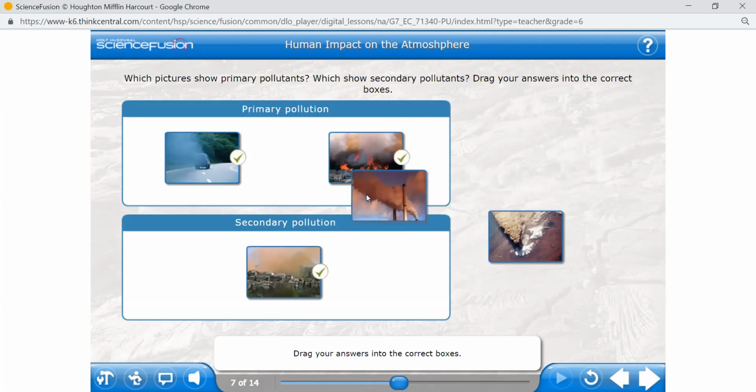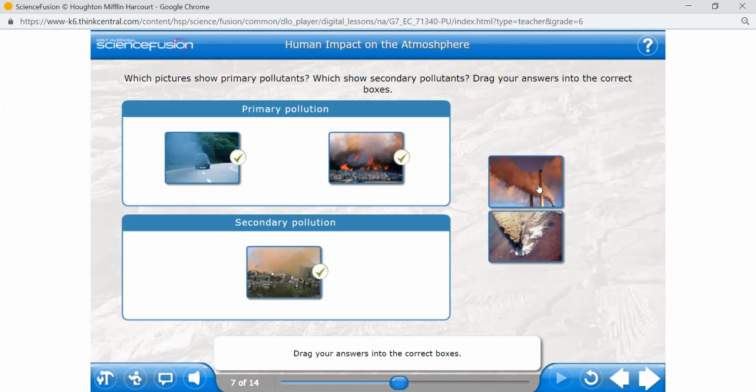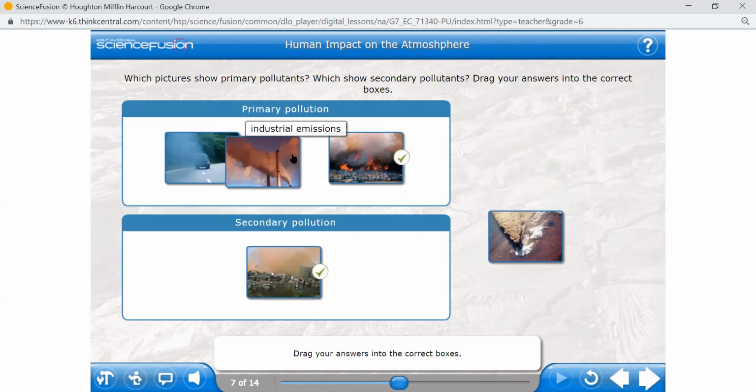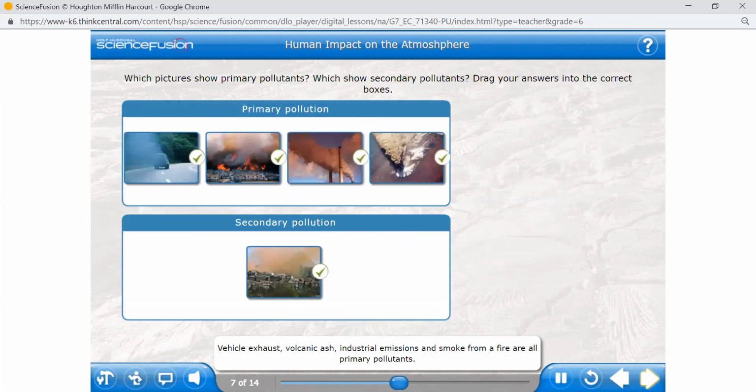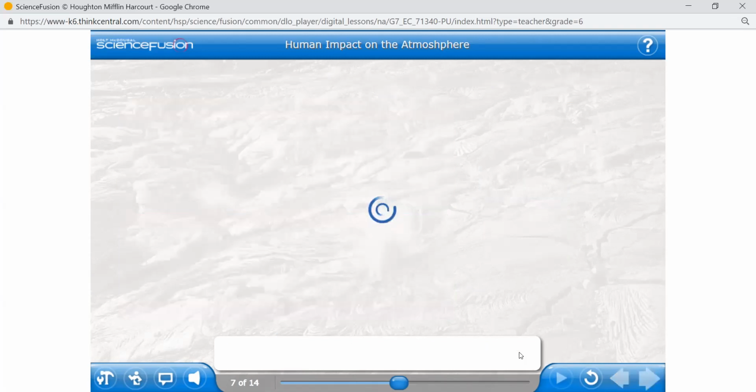Primary, because it directly comes into the air and it is harmful itself. But smoke reacts with something, and so industrial emission would be primary. Volcanic ash, primary. Smog is secondary, the rest are all primary.